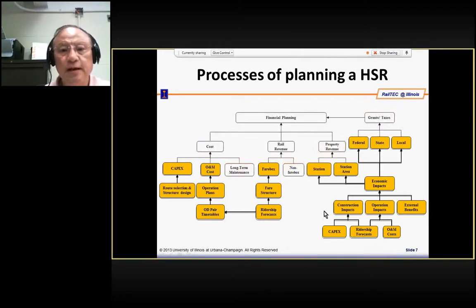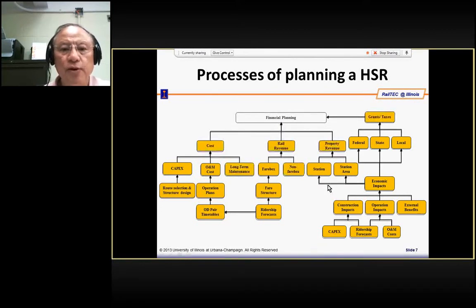Then from there, you can also look into the station and staging area. What can you get out of this place? So you have the revenue from the station and station area from this study too. From there on, you have your fare revenue, your station property revenue, and your cost, which includes capital investment, operation and maintenance cost, or long-term maintenance cost.